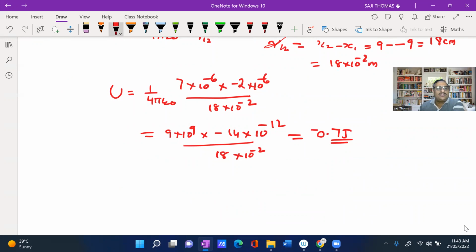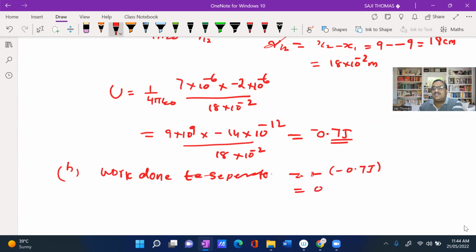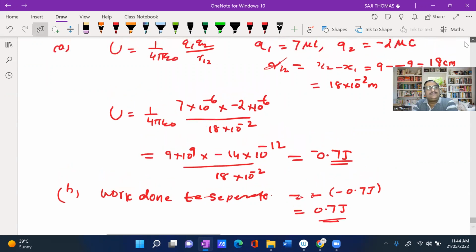You change the sign. So the work done to separate is the negative of the previous one, negative of minus 0.7 joule. So you will get 0.7 joules. This is the work required to separate the charges from the present configuration to infinite separation. Now, what is the third question?